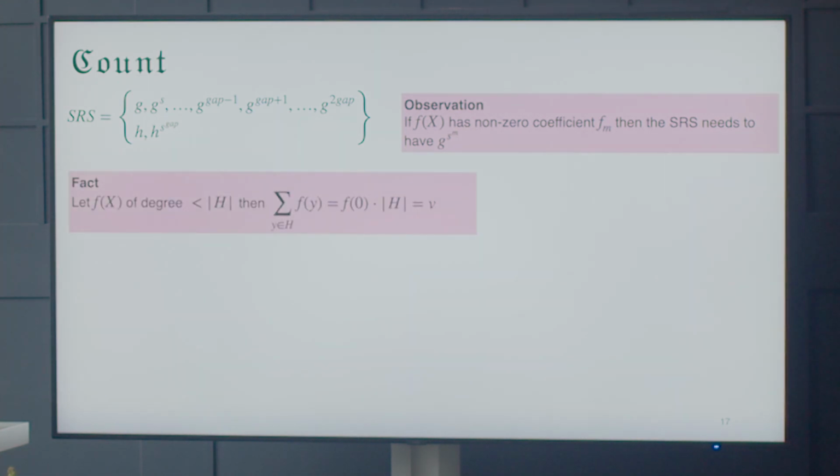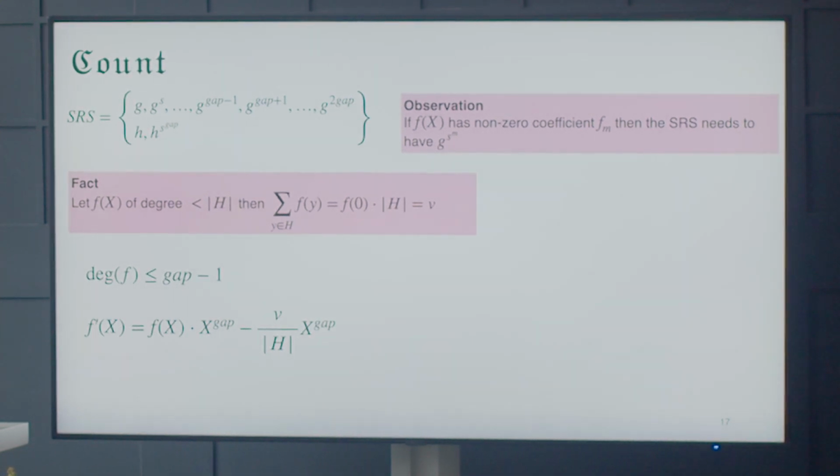We use the following fact: if f(x) is of degree smaller than the size of H, then the sum over elements of H is equal to f(0) times the size of H, and we call it v. Let's assume that the degree of f is smaller than gap minus 1. We introduce another polynomial, f'(x), equal to f(x) times x^gap minus v divided by |H| times x^gap.